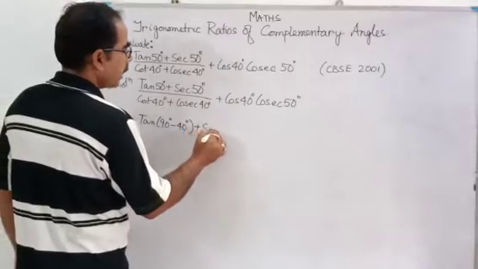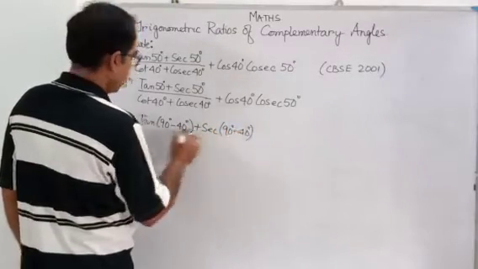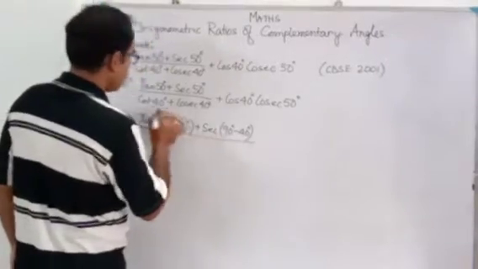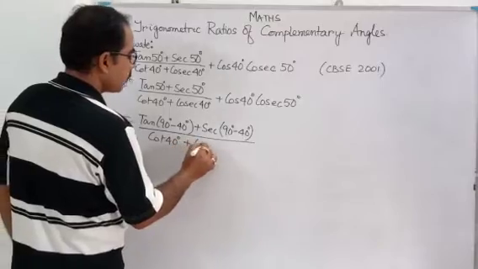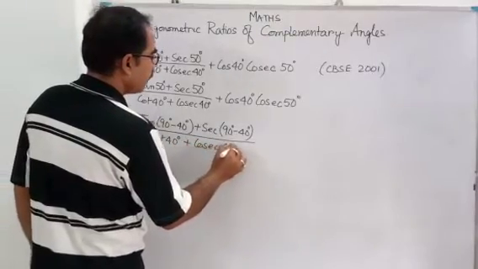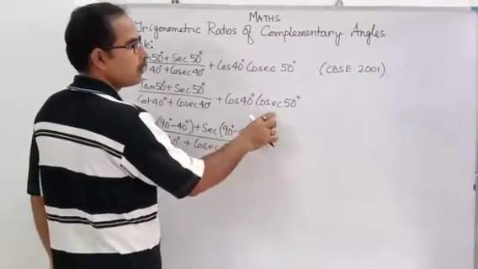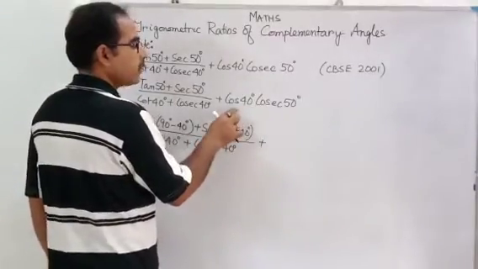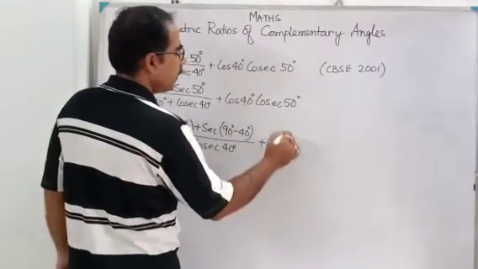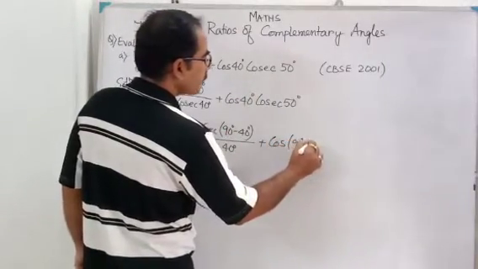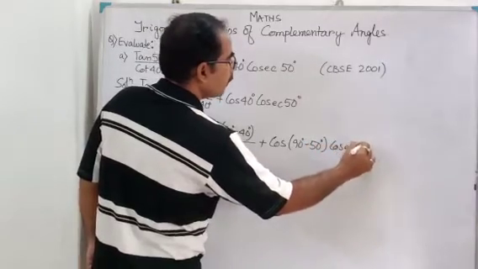Plus sec 50 degree can be written as sec of 90 minus 40, once again, whole divided by, same, no change here, cot 40 degree plus cosec 40 degree plus any one. Okay students, don't change both, any one, either this one or this one, that is your choice. So cos 40 degree can be written as cos of 90 minus 50, cosec 50 degree.